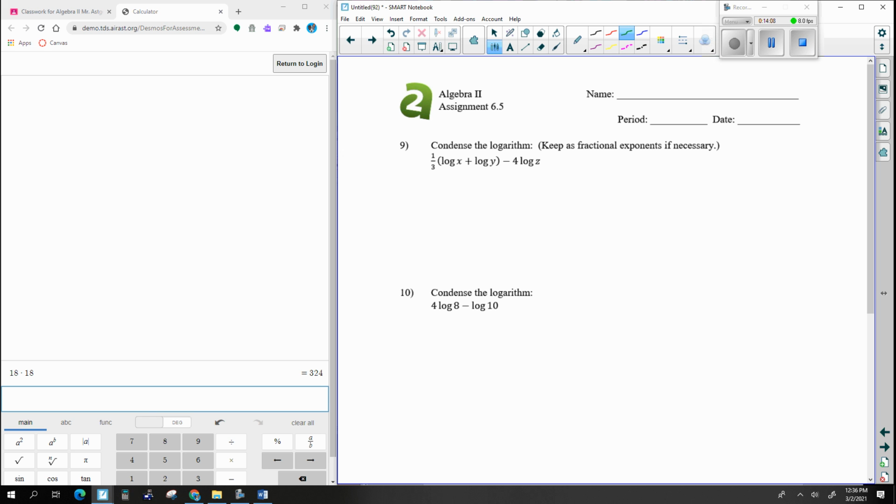All right, so condense. Here's how I'm going to do this right now. I'm going to see this as 1/3 log x plus 1/3 log y minus 4 log z.